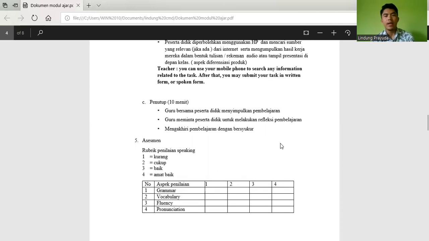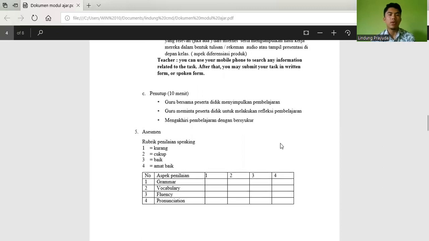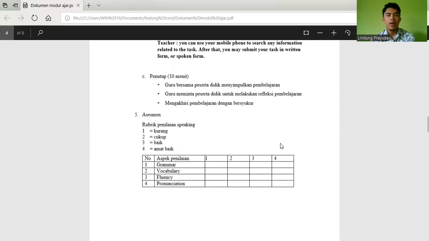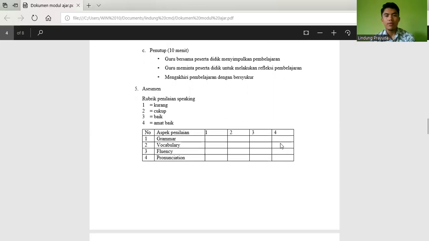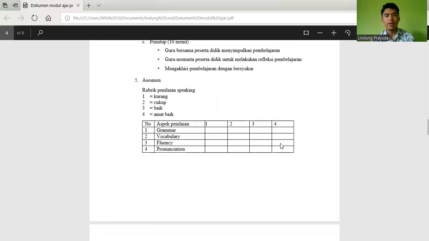And this is the assessment rubric that I created based on the students' work. The teacher will assess the students' work with this rubric, speaking.